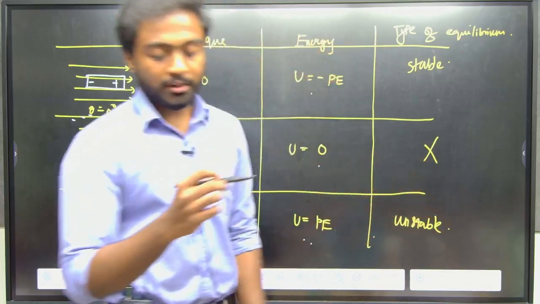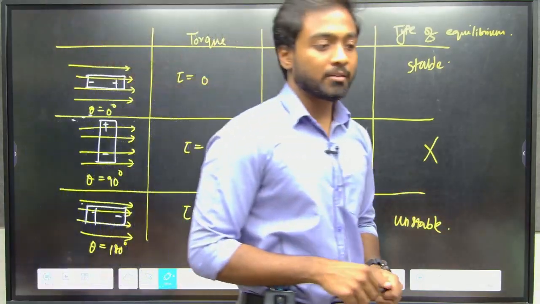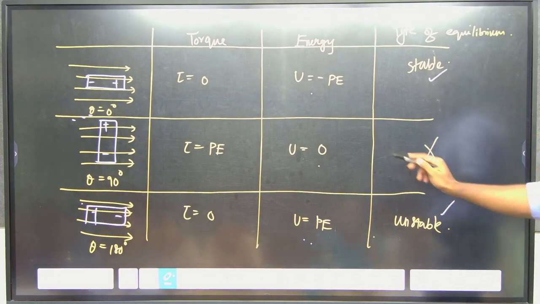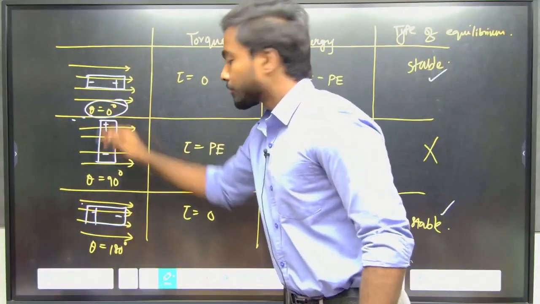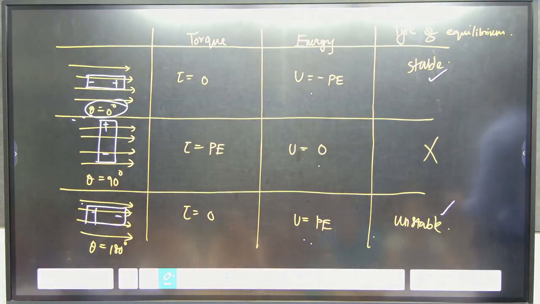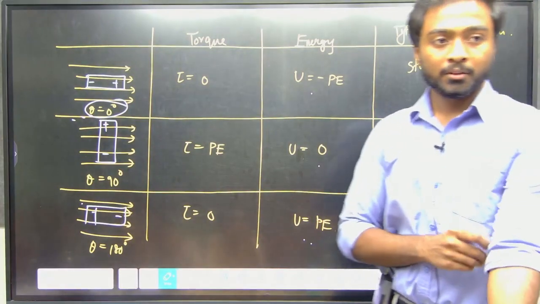Why I have given this tabular column is, in some questions they have mentioned only what is stable and what is unstable. They have not given the angle. If they have given unstable, what angle should I take? 180 degree. If it is stable, 0 degree.